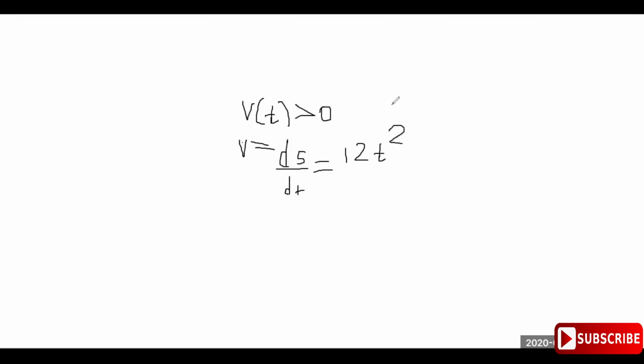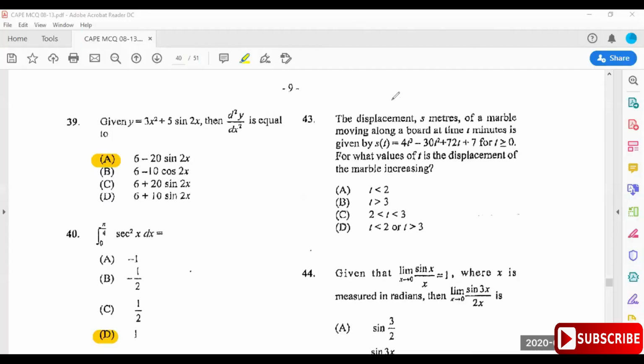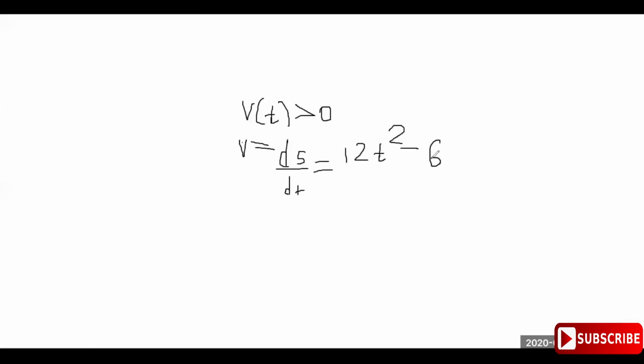Not equal to 0, greater than 0. We're solving where it is greater than 0.